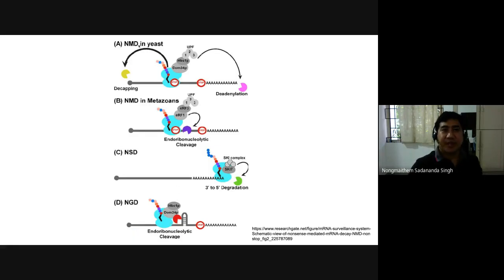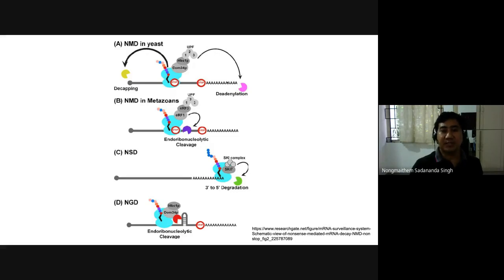So in the case of NMD, nonsense-mediated decay in yeast, what happens is that when the ribosome comes across a stop codon ahead of the natural stop codon, the stuck or stalled ribosomes recruit protein factors, which in turn recruit exonucleases, which cleave the poly A tail, so de-adenylation of the mRNA is brought about.